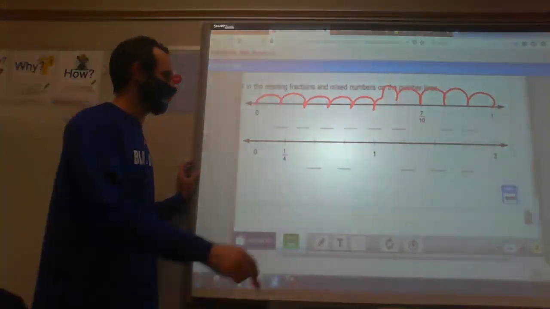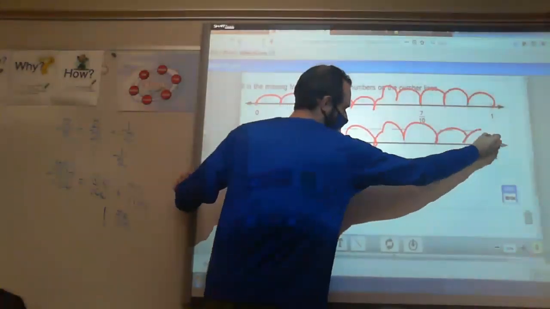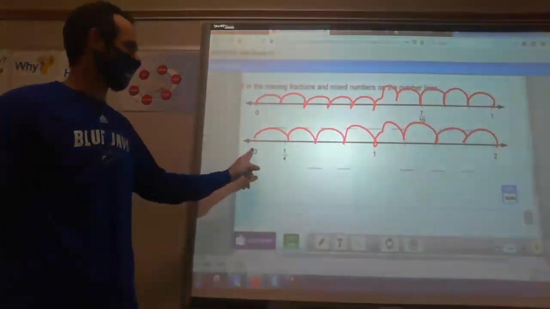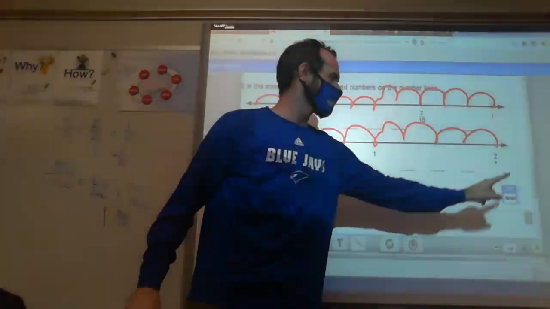Here's where kids mess this one up. 1, 2, 3, 4, 5, 6, 7, 8. But you're counting from 0 to 2. They've already given you the denominator right there. Your denominator should be 1, 2, 3, 4, because you're going to the first whole number.